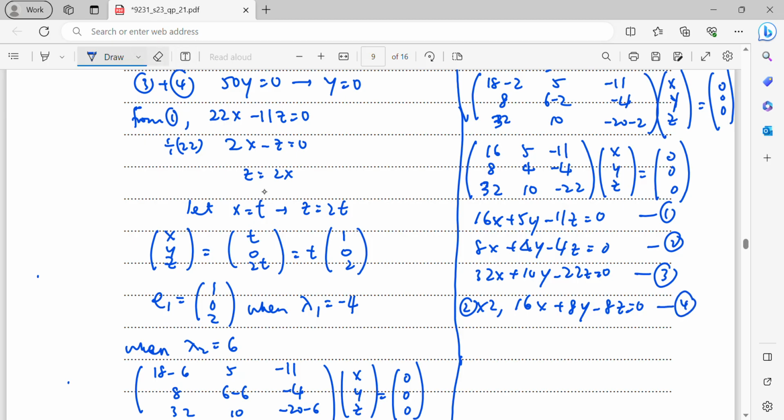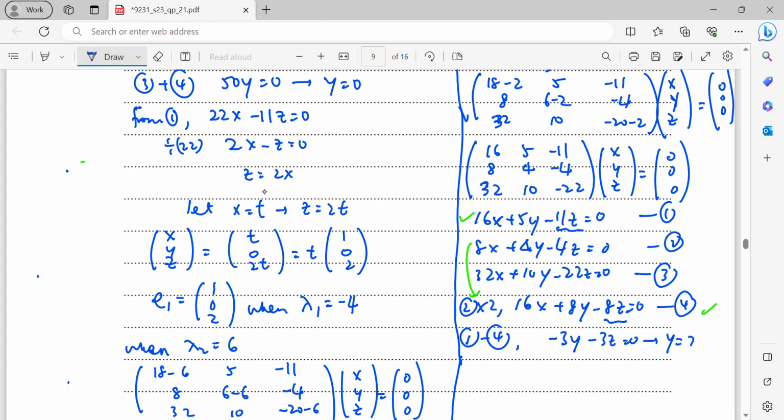So it means that now I can solve the first and fourth. The second becomes fourth already. So then from here, I can just minus. So it will be first minus fourth. I will get 5y minus 8y will be negative 3y because the 16x already cancelled off. Minus 11z minus 8z, it will be minus 3z equals to 0.